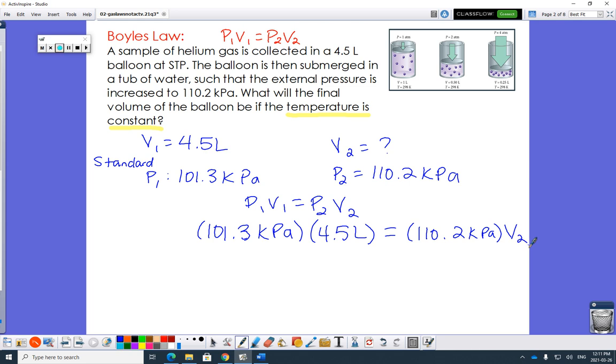And similar to what we've been doing before, if you have a good relationship with your calculator, you can do this all as one step. You can show a little bit more of your work, if you want.